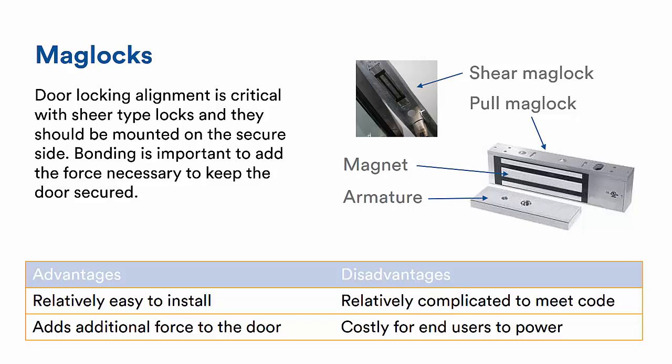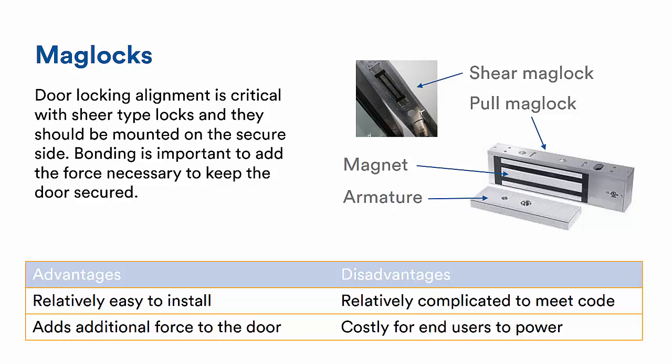A weakness of these types of devices is that they always must be mounted on the secure side of the door. This is due to the vulnerability of cutting power connections to the device itself or simply knocking the device off the frame from the unsecure side. So this requirement may disagree with the swing of the door as it relates to the frame, but a variety of adapter plates are made to facilitate uncommon mounting.